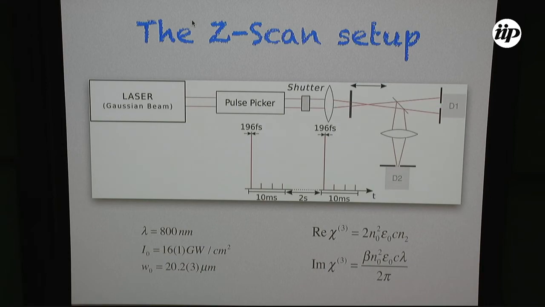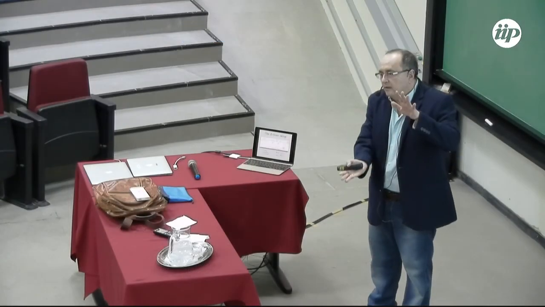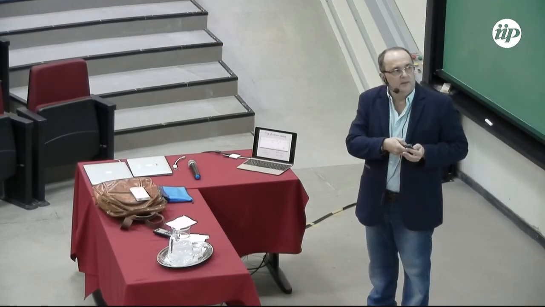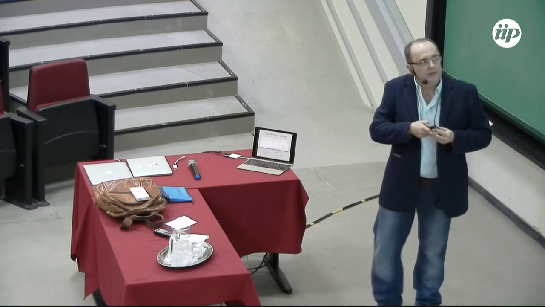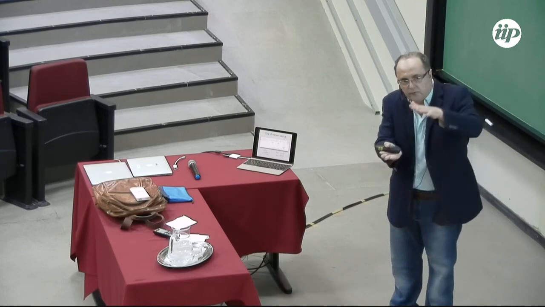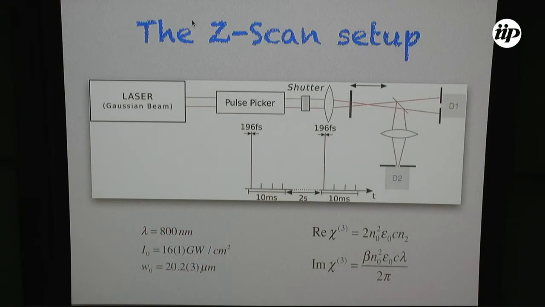Imagine you have a sample which will diverge the field: the intensity measured here will be smaller than the intensity when the nonlinear optical effects are not present. On the other hand, if your sample has a self-focusing effect, you will measure an intensity which is higher than without the nonlinear optical effect. This is a beam splitter where you can take all the light and put it in a detector.